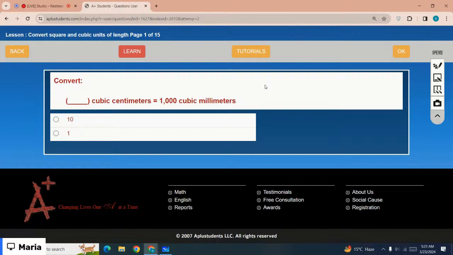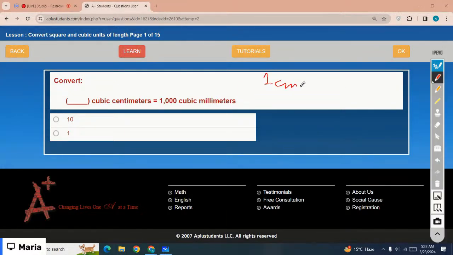Okay, that's the same one we just did. We have 1000 cubic millimeters, right? So in 1 centimeter, you have 10 millimeters, right? So you have to divide this, because that is cubic millimeters. You have to divide it by 10 millimeters times 10 millimeters times 10 millimeters.